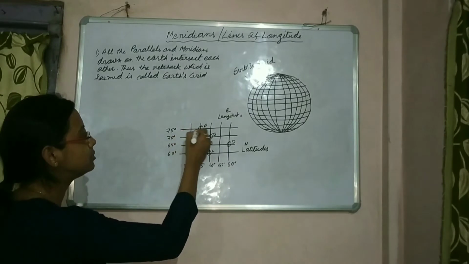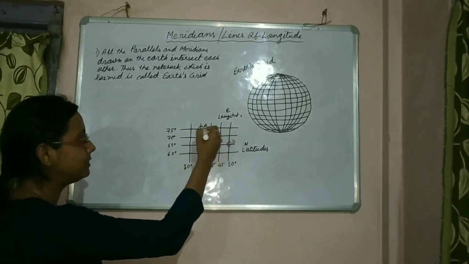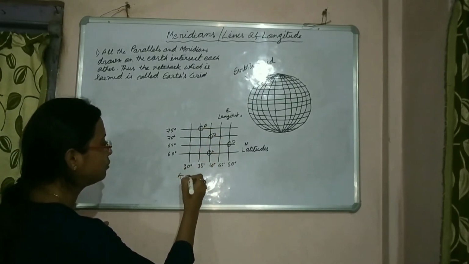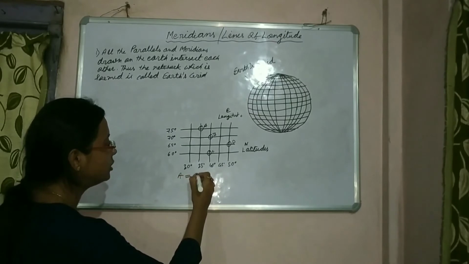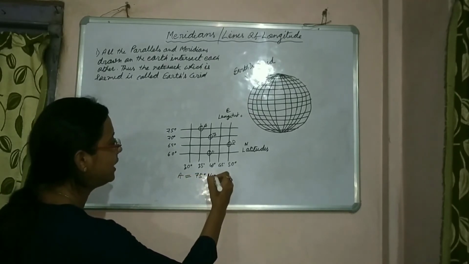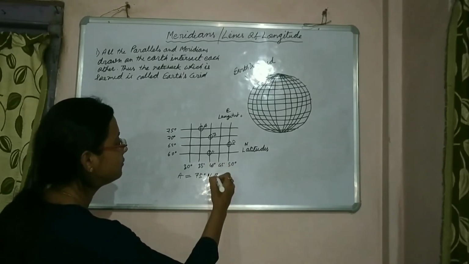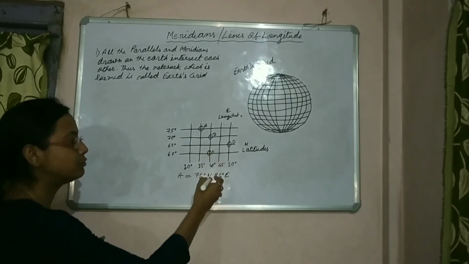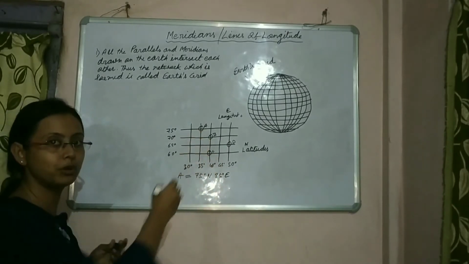It is lying on the 75 degree N latitude and 35 degree east longitude. So the location of place A will be 75 degree north and 35 degree east.